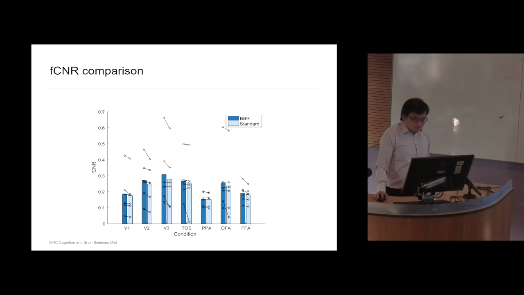For the early visual areas, the contrast that we're using was a locational contrast, and for the higher visual areas, the contrast that we're using was a categorical contrast. You can see that while the data is slightly noisier and there is definitely some variance there, in all the regions there's still somewhat of a benefit of BBR, and especially so in the early visual areas.